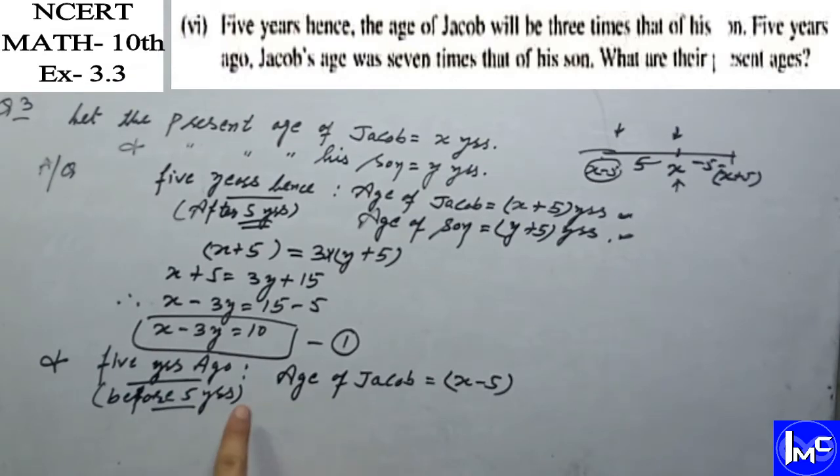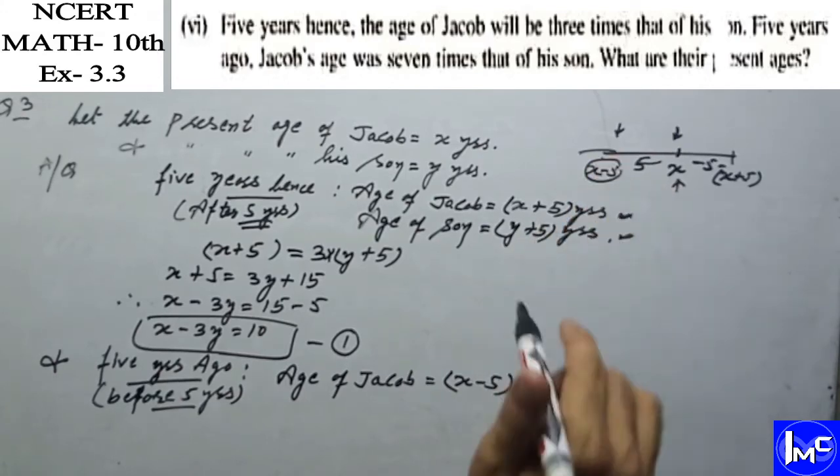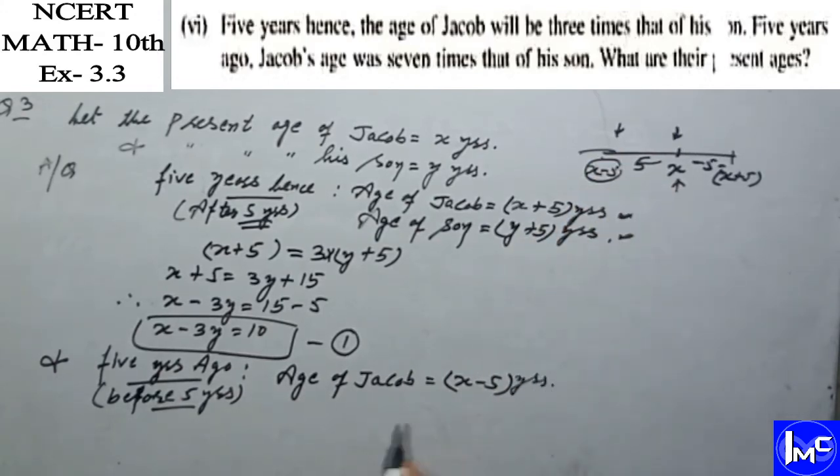So in this case, for 5 years ago, we have to take the age of Jacob as x minus 5 years, and the age of his son, that will be y minus 5 years.